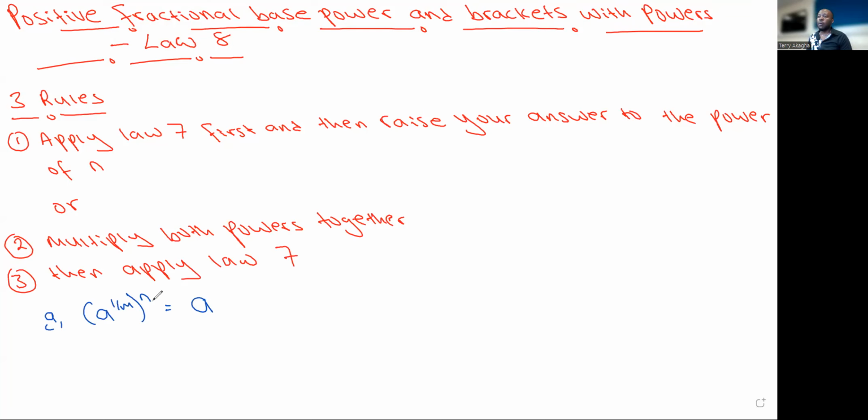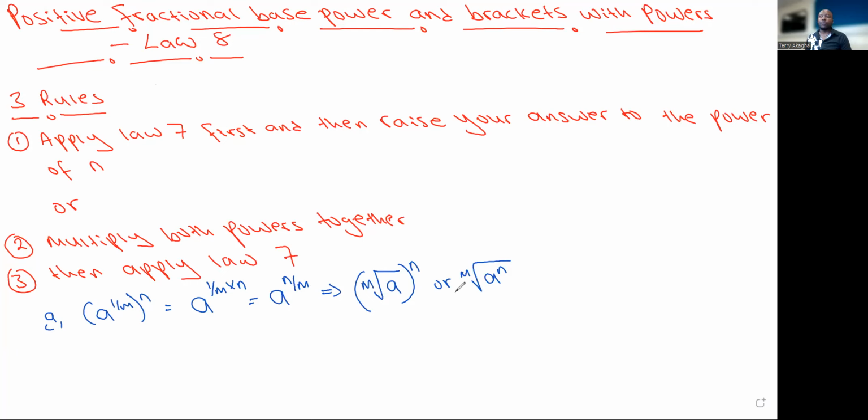Remember I told you from law 4 that you multiply the powers together: 1 over m times n gives you n over m. Then from law 7, when you have a^(n/m), it's the same thing as having the mth root of a, all raised to power n, or you can say the mth root of a raised to power n. We talked about this in the previous video, so that's why I said it's a combination of law 4 and law 7.